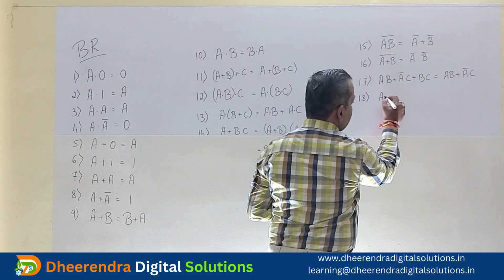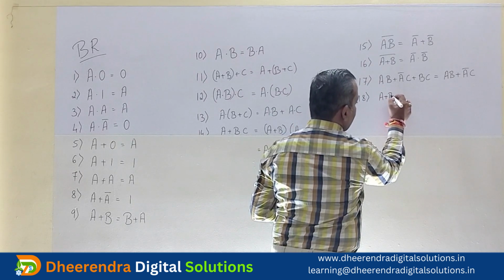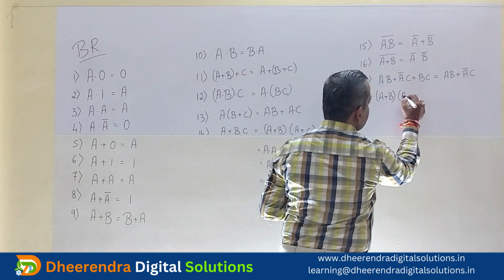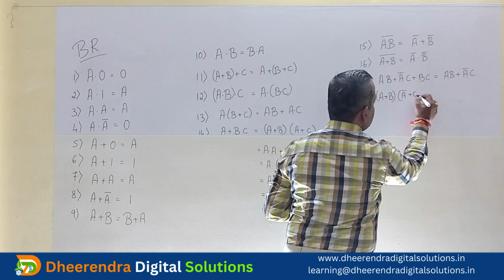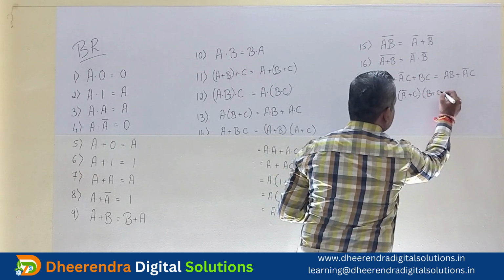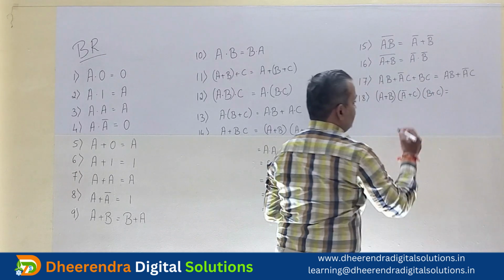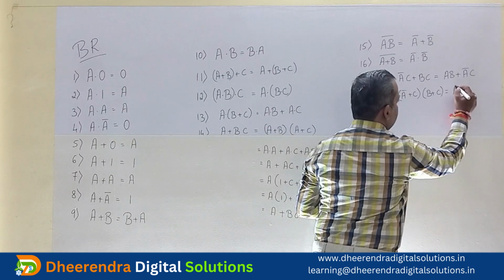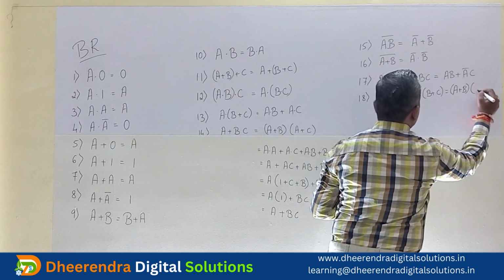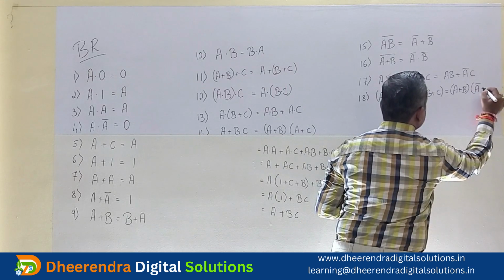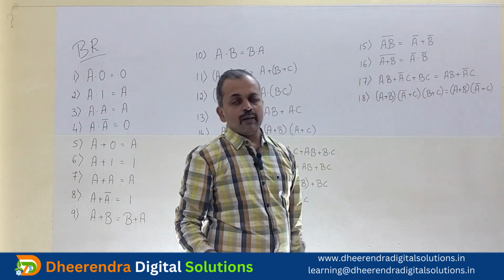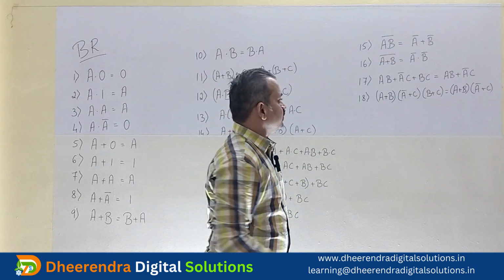Again, Shannon's theorem in terms of the OR operations, A plus B dot A bar plus C dot B plus C. If this is the term, then the resultant term will be A plus B into A bar plus C. This is the Shannon's theorem for the POS form of the equation.